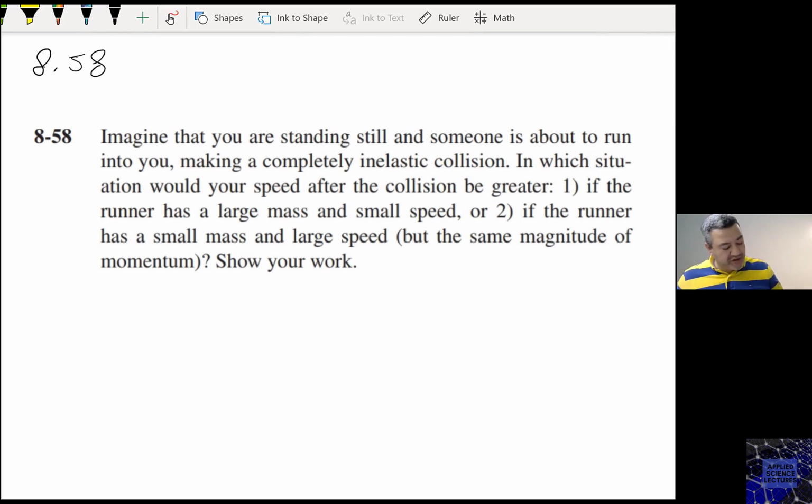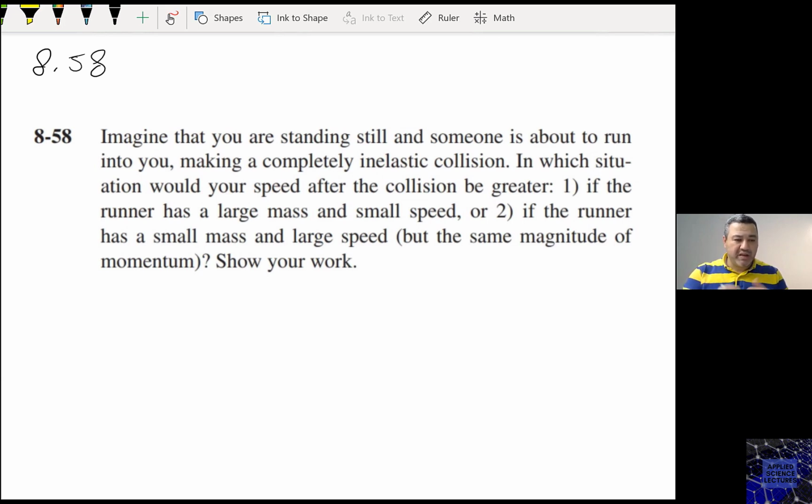In which situation would your speed after the collision be greater: if the runner has a large mass and a small speed, or if the runner has a small mass and a large speed? The momentum is about the same magnitude, so this runner has the same momentum in both cases.